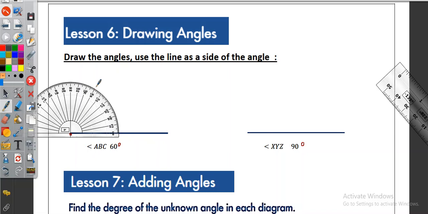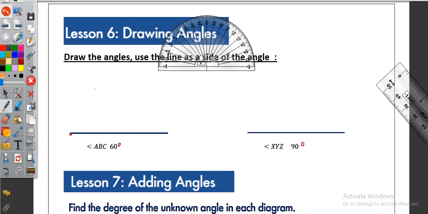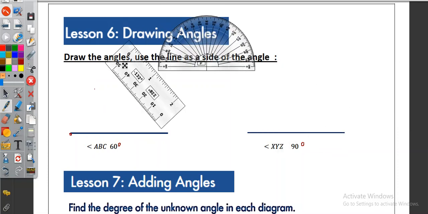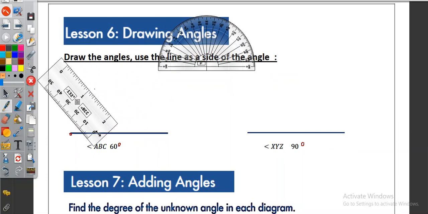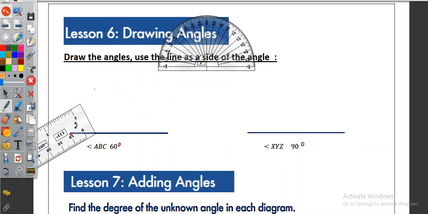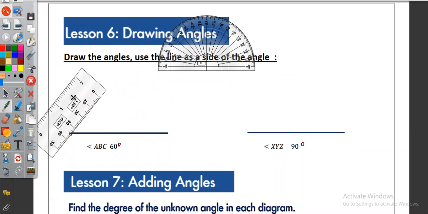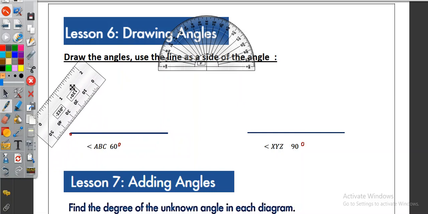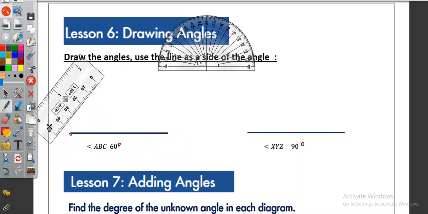Then label with a point with your pencil. Now remove the protractor, drag the ruler. Then connect the dot that you have with the ruler.